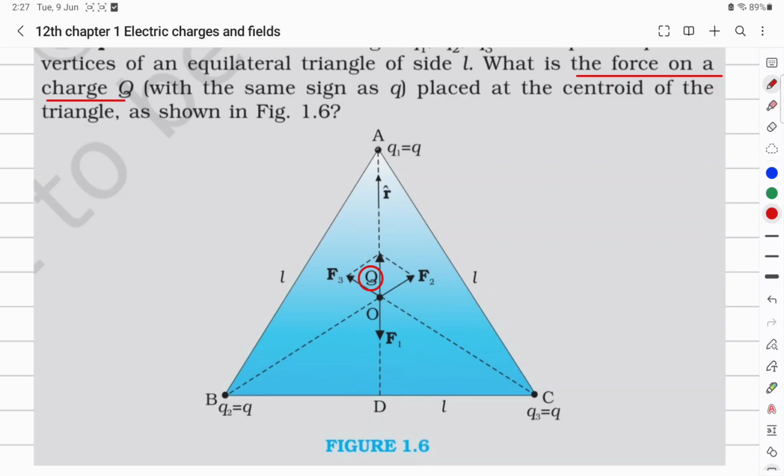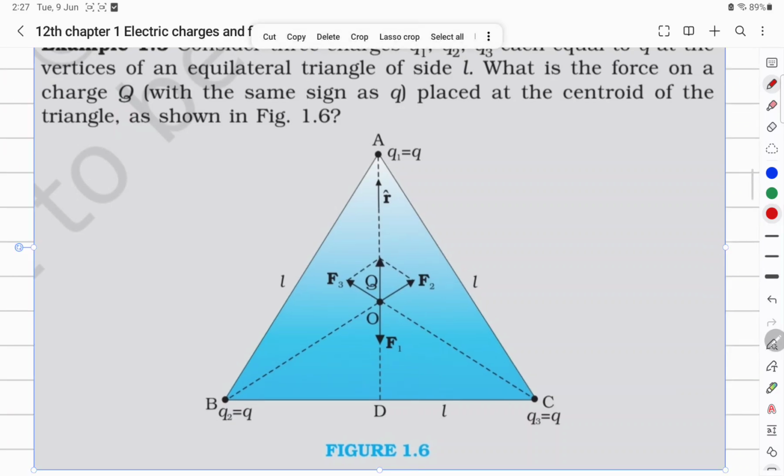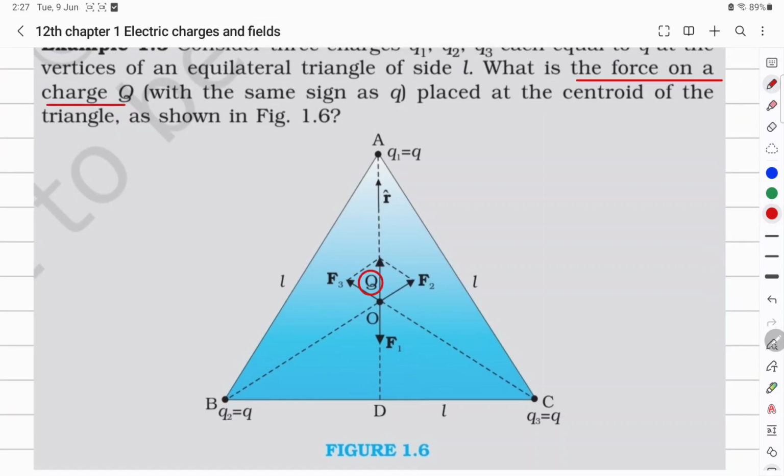So here AD is perpendicular to BC, and CE means I am extending a line here, mark this point as E, and I am extending this line and marking it as F. So AD is perpendicular to BC, CE is perpendicular to AB, and BF is perpendicular to AC.